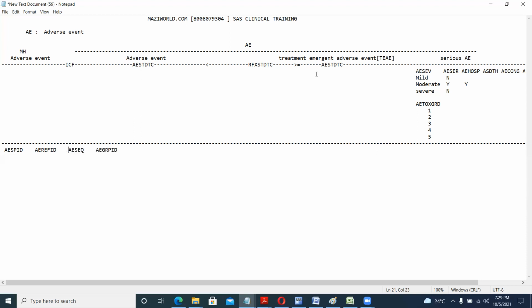Can anybody tell me what you mean by a sponsor ID? Anybody? Any idea? Sponsor's name? What do you mean by a sponsor ID? Any idea regarding the ref ID? Any idea regarding the group ID? At least group ID.